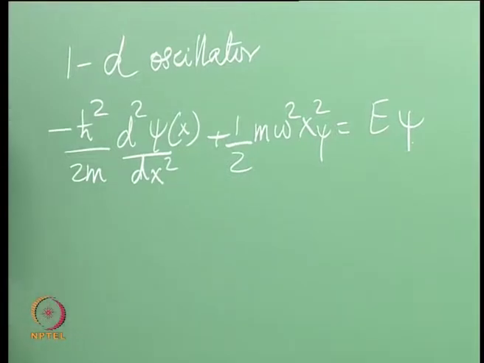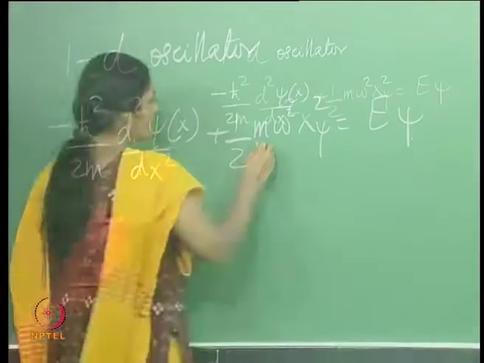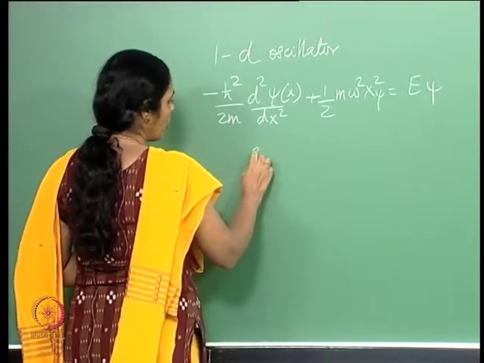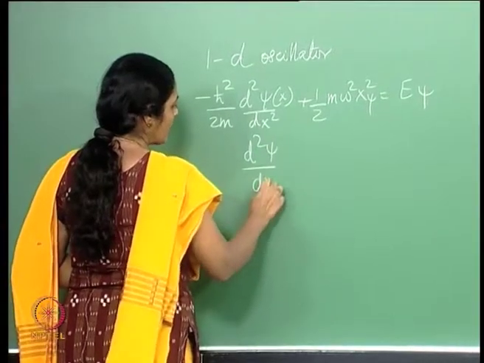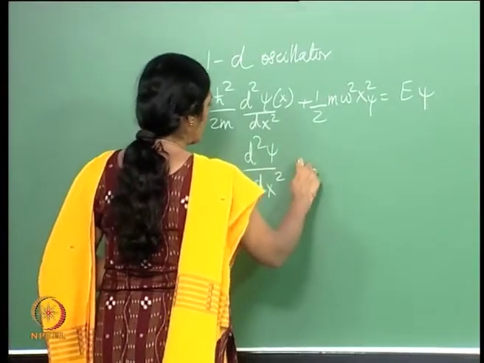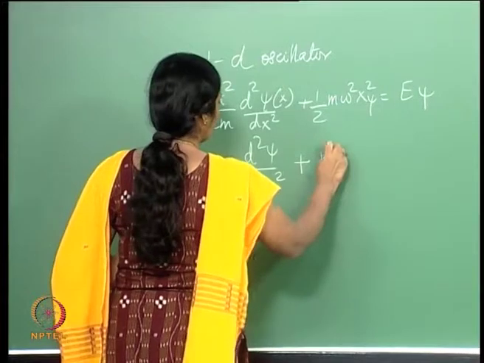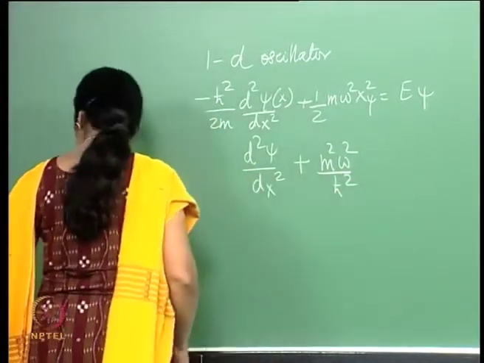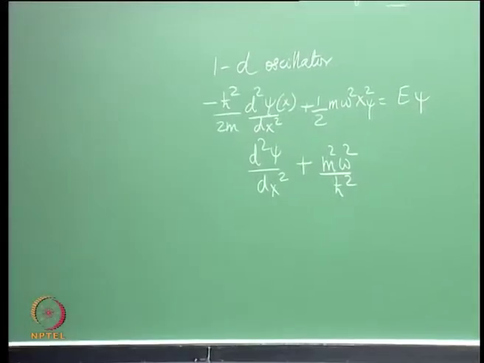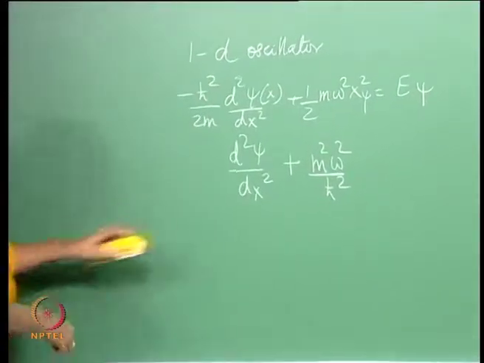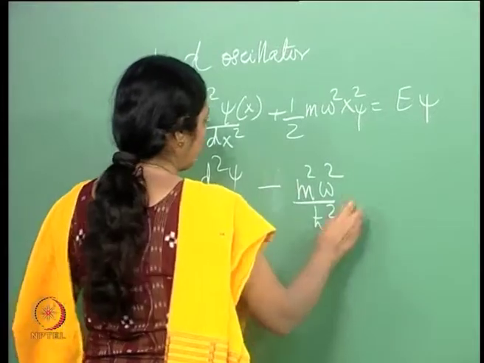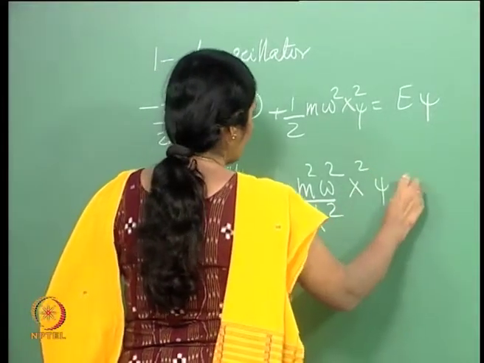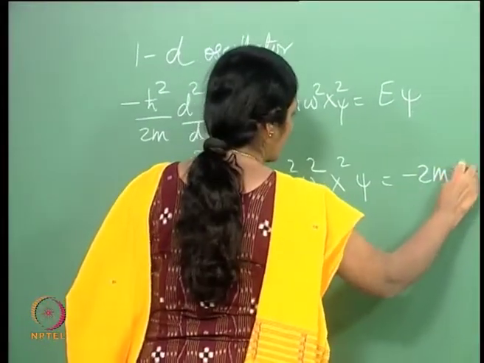Then we defined certain variables. We wrote it in the fashion d2 psi by dx squared plus m squared omega squared by h cross squared, with a minus sign because of the overall minus in d2 psi by dx squared, is equal to minus 2mE by h cross squared psi.